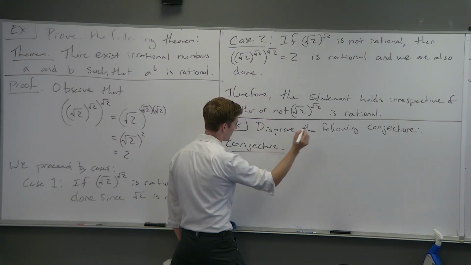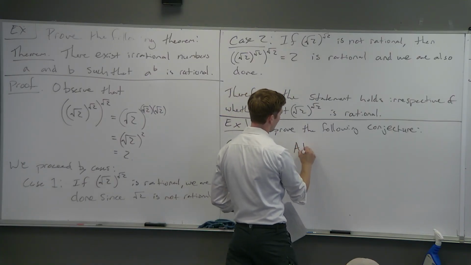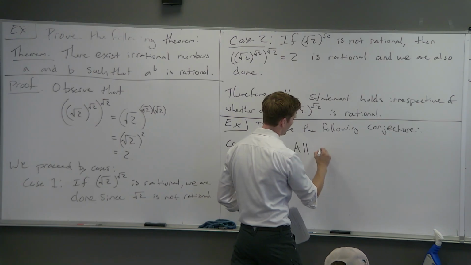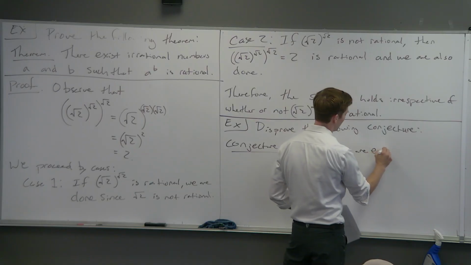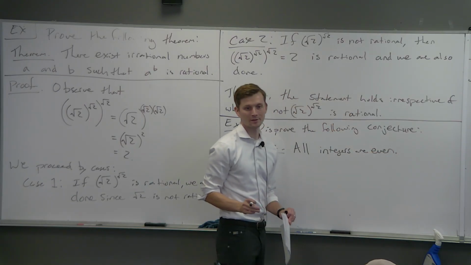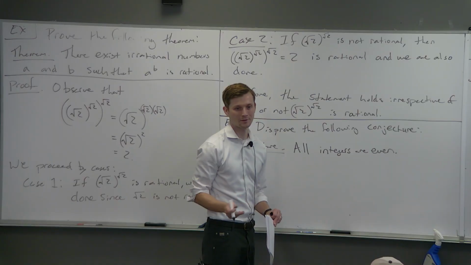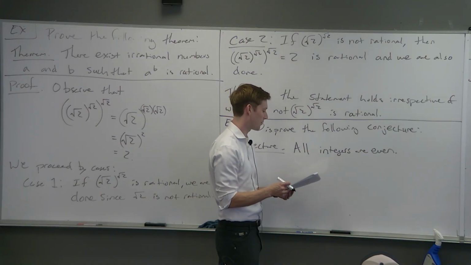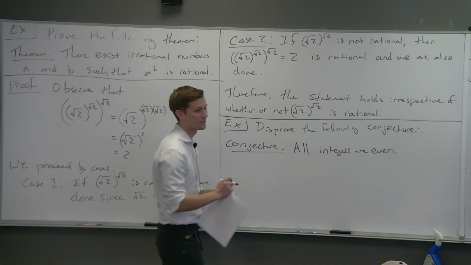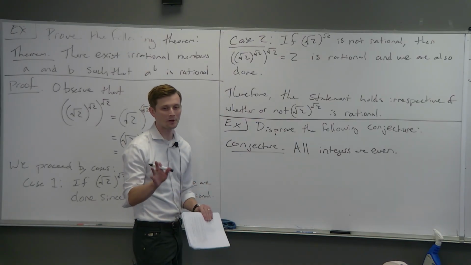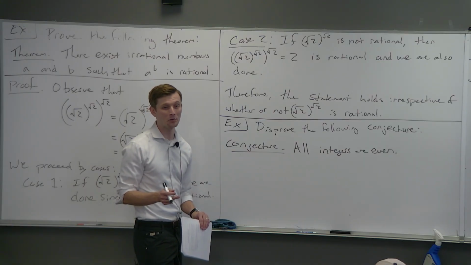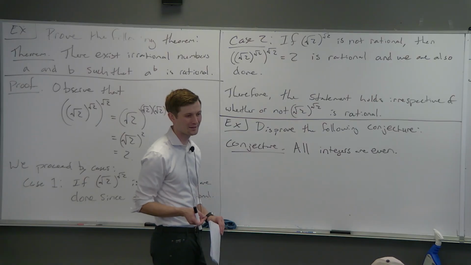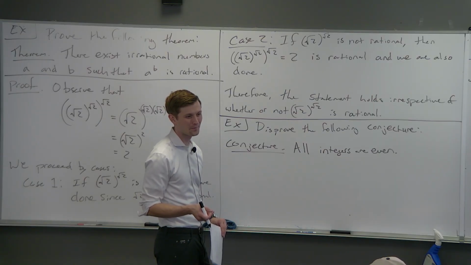Here's the conjecture. All integers are even. What would your disproof be? Your unproof? Yeah? Give him an odd integer.